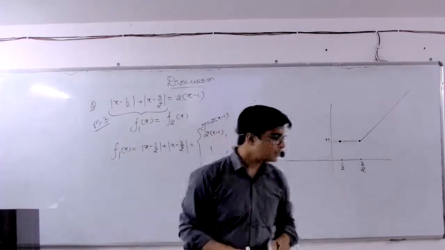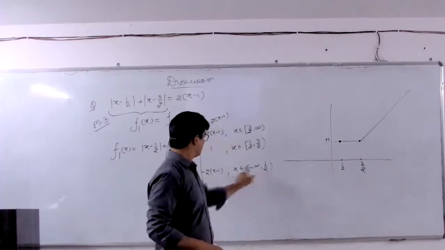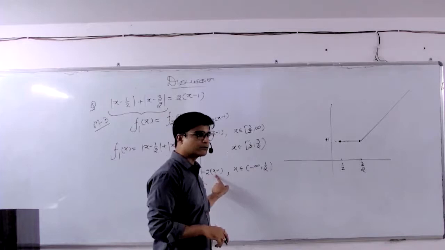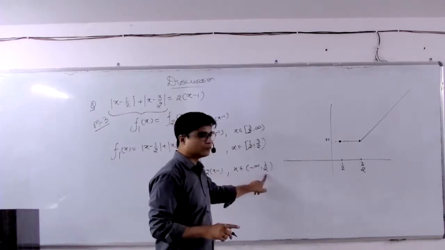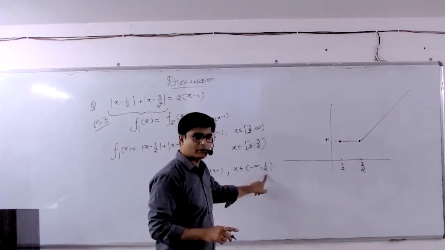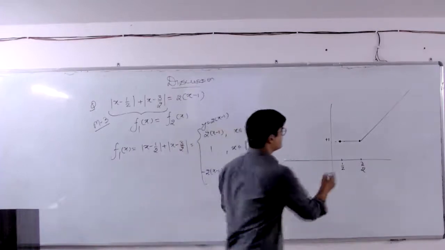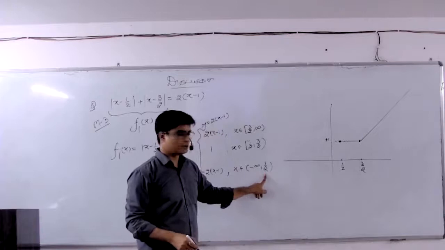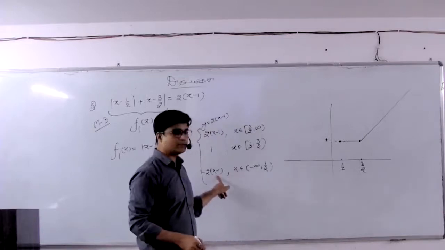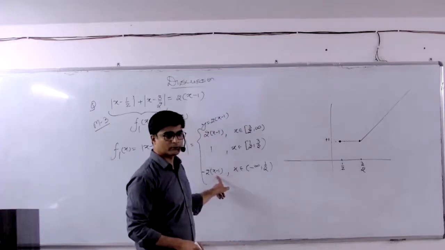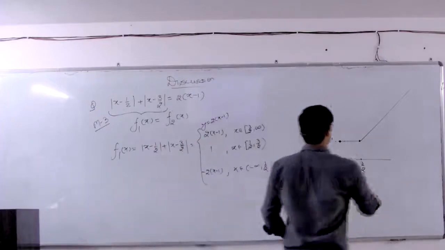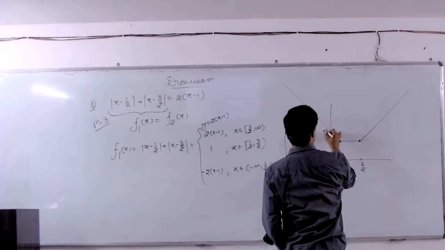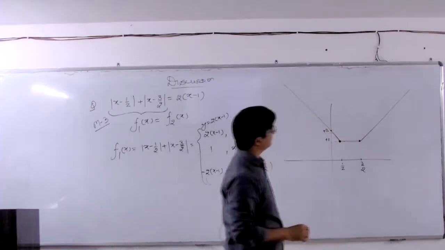At 1 by 2, what is the value? 1. Yes or no? At x equals 1 by 2, the value is 1. That means this is a point itself. When x equals 0, y equals what? This line will be like this, or not? Do you agree?